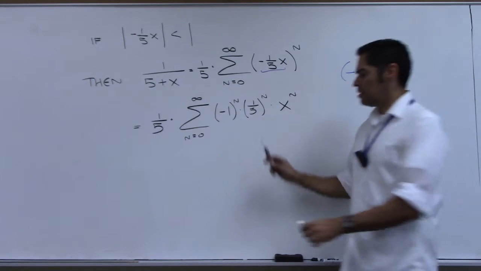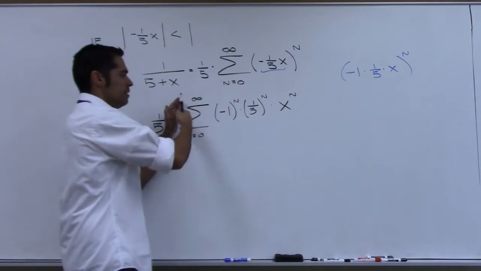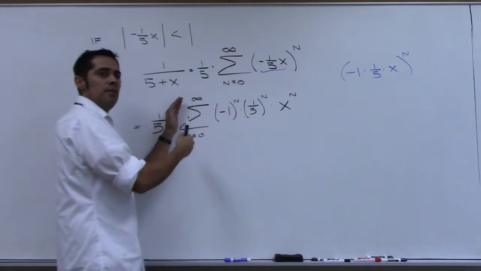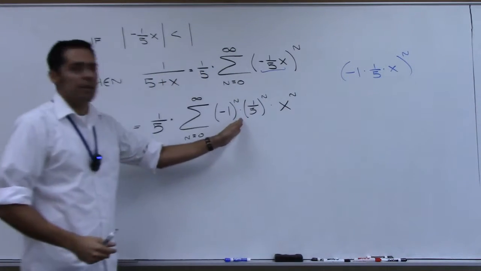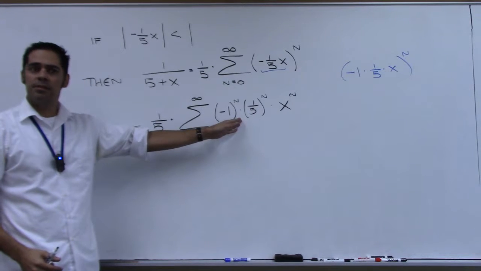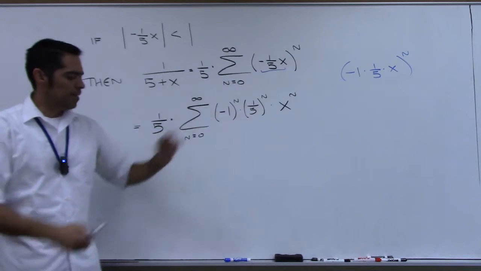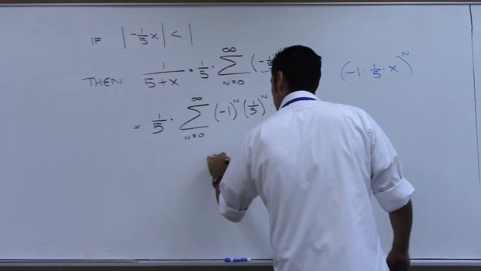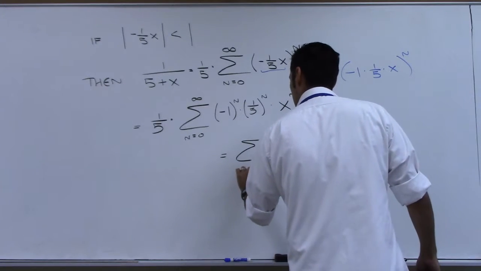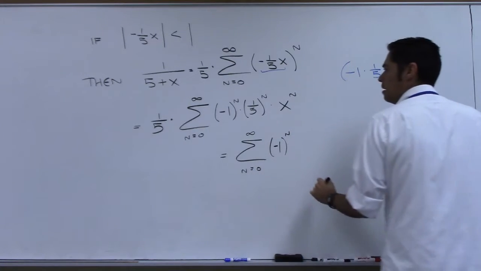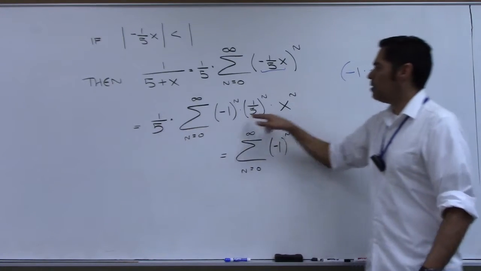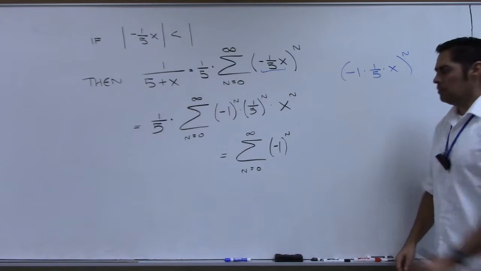Remember, this right here is a bunch of things added together, right? The 1/5 would distribute to each one of those, wouldn't it? So it can actually be placed back into the series. So I'm going to put the 1/5 in here next. Let's see, sum n equals 0 to infinity, -1 to the n. What happens when I take 1/5 and I multiply it times 1/5 to the n?